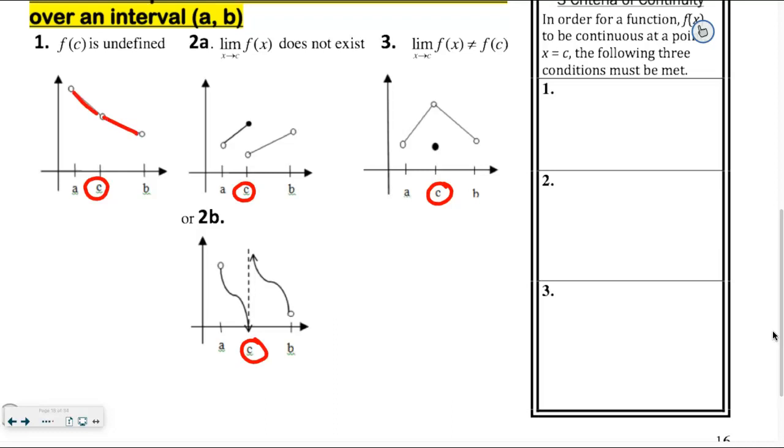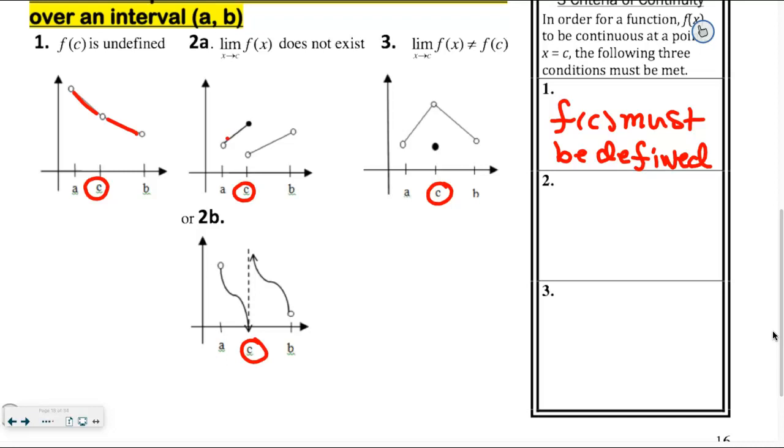This function is not continuous, because to be continuous, f of c must be defined. Basically what that means is there is not an open dot there or a hole there. So this guy right here, discontinuous, if you had to say why, you'd say f of c either doesn't exist or isn't defined.